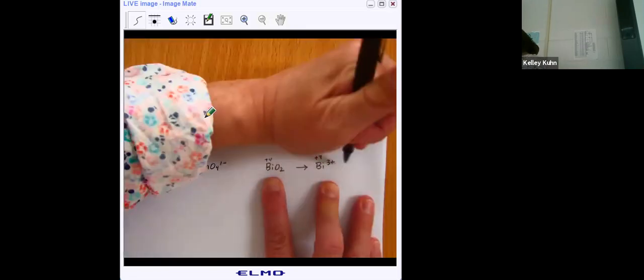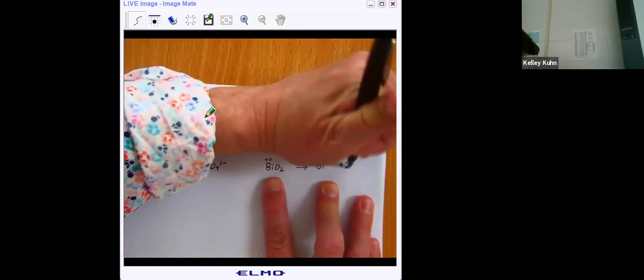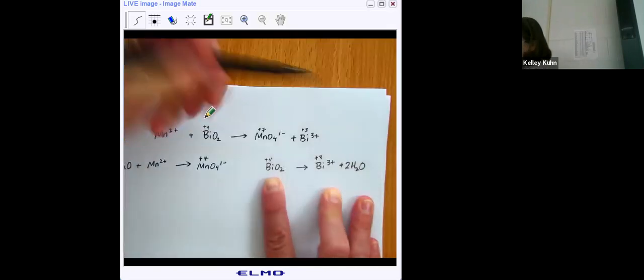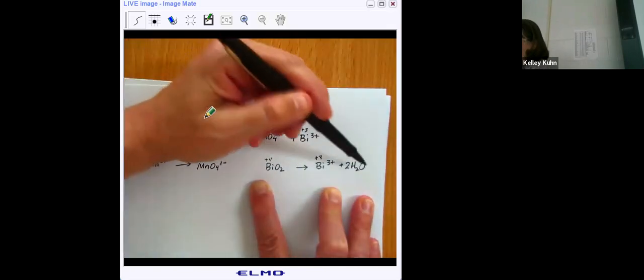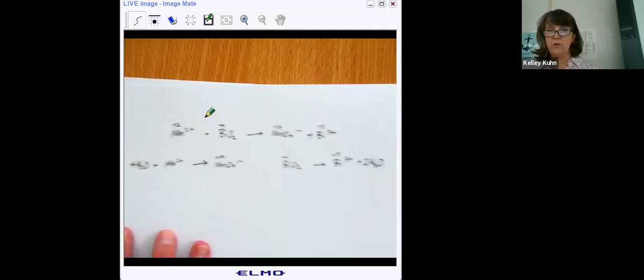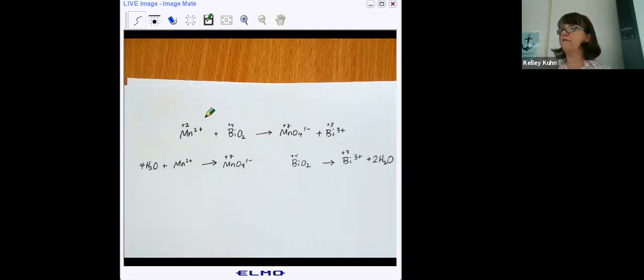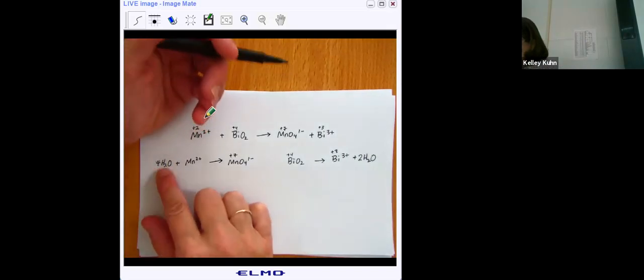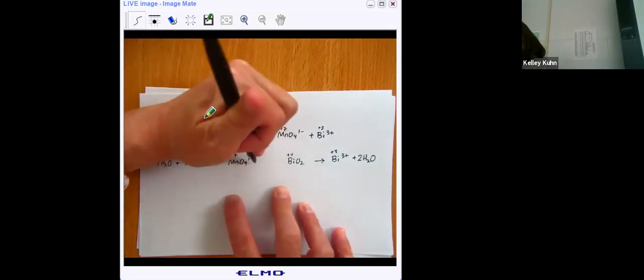Well, I'll have to add waters to the side without any oxygen. So I have 2 oxygens, so I'll need 2 waters. The problem is, once I add those waters, I now have extra hydrogens. So after you've added the waters, you now add H pluses, like you have in acids, to balance out the hydrogens. So 4 times 2, I have 8 hydrogens.